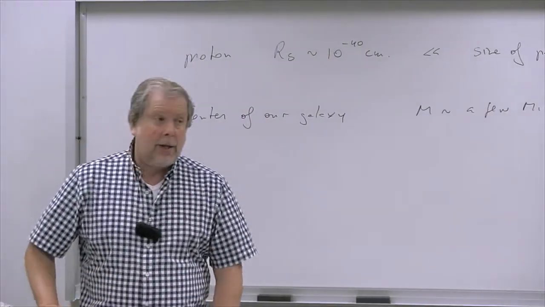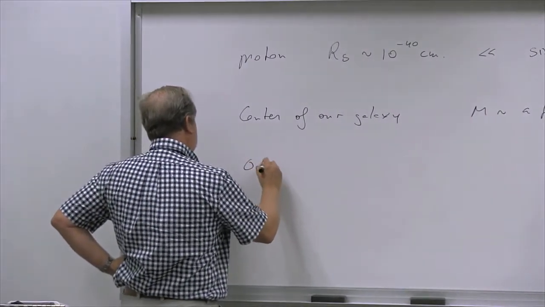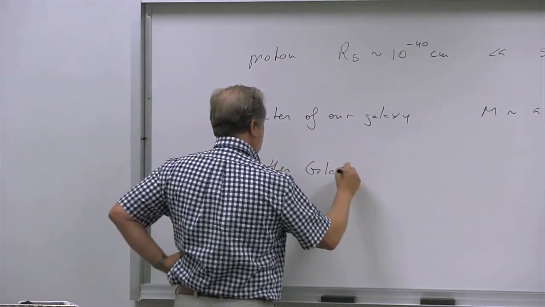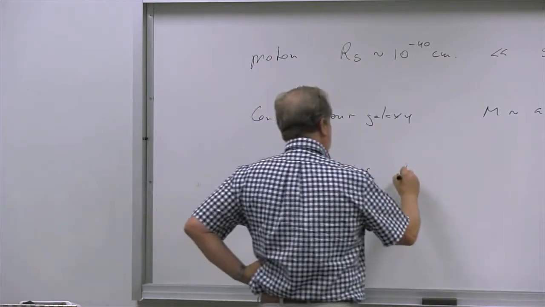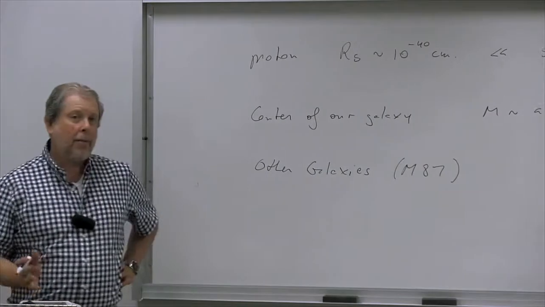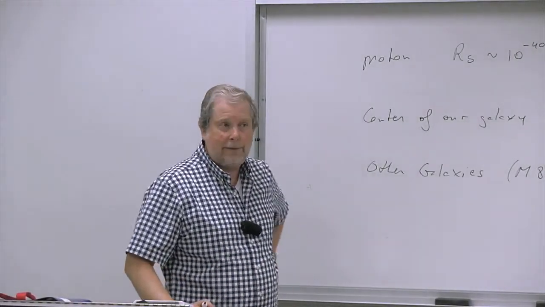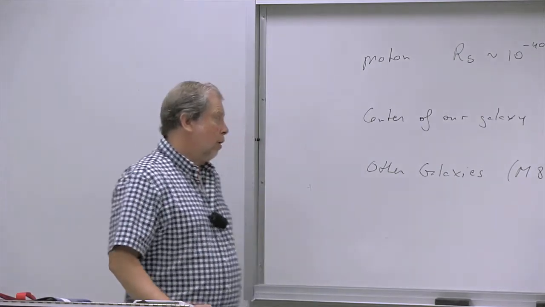So in fact, you can go and look at other galaxies. And one notable example is M87, which is fairly nearby because it's in the Virgo cluster. So it's a cluster of galaxies that is fairly close to our own local group.